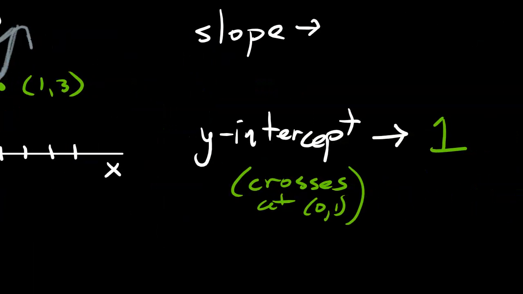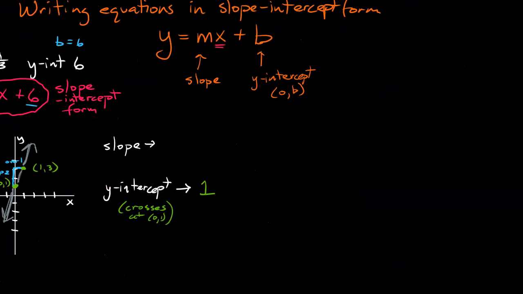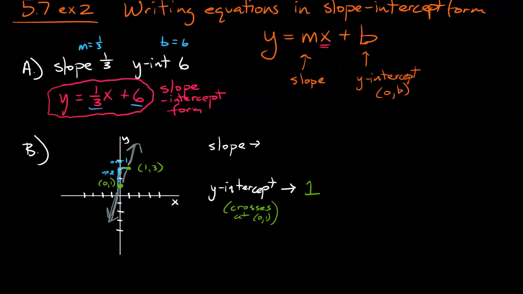So the slope, I suppose I could zoom out now. 1, 2, 3, 4. The slope is going to be rise over run.